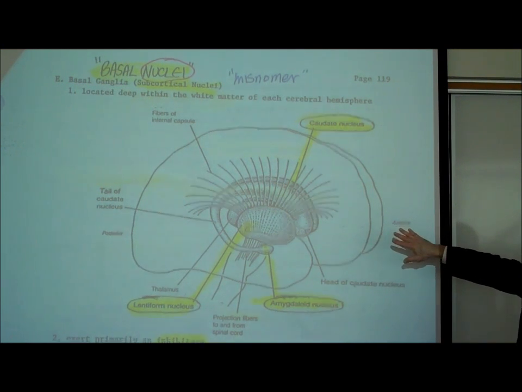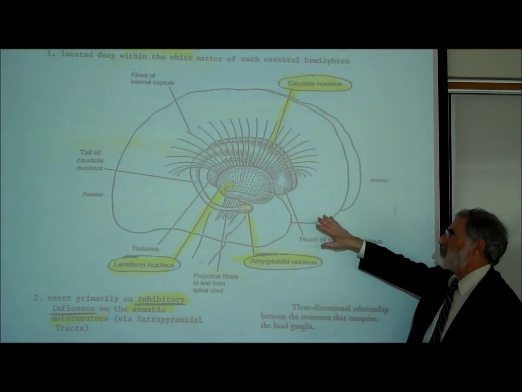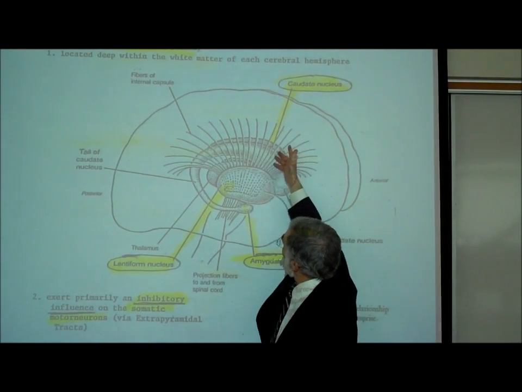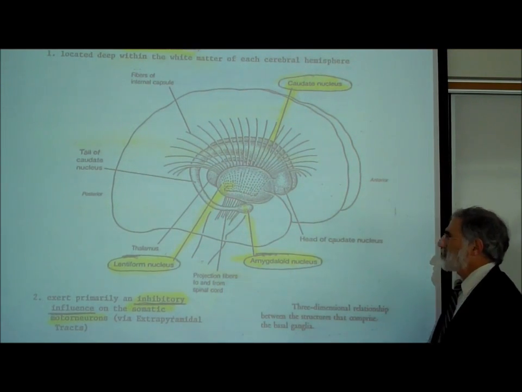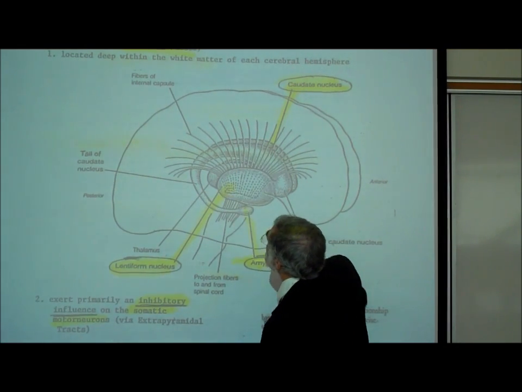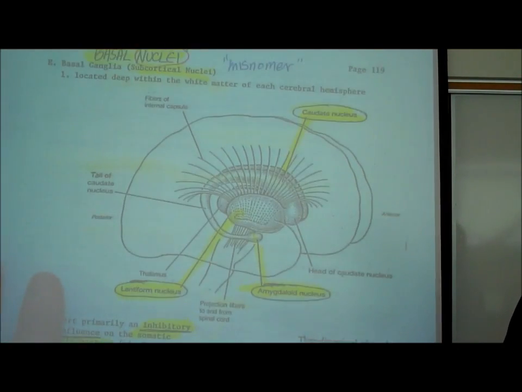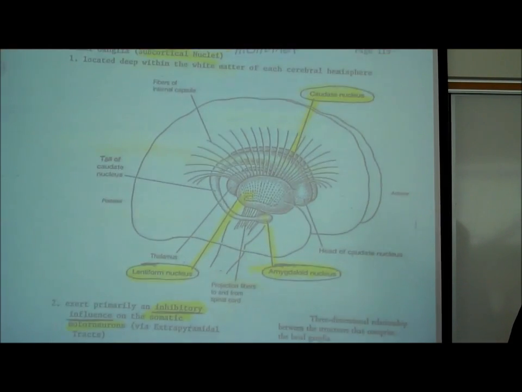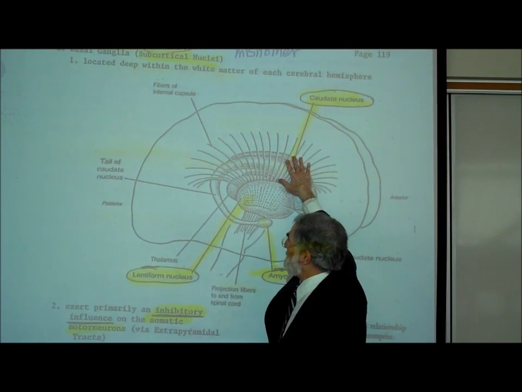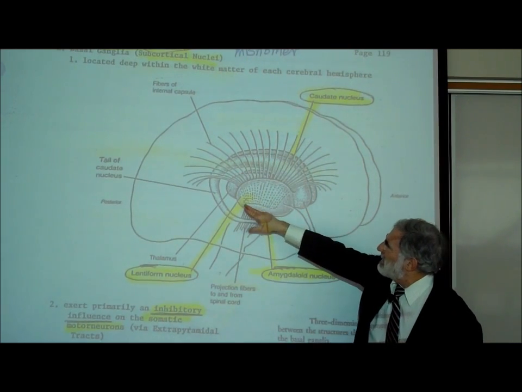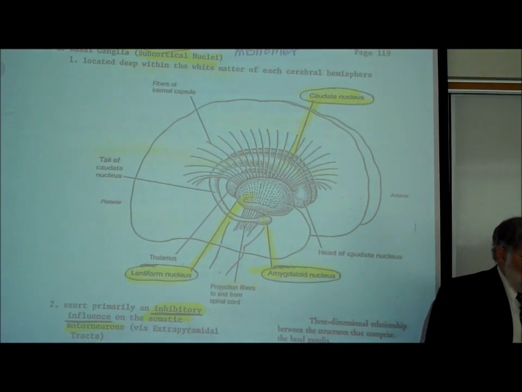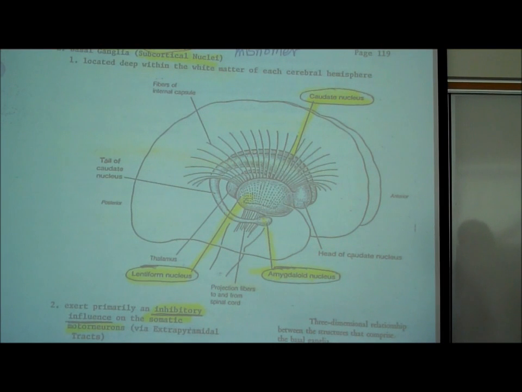This three-dimensional transparent view of the cerebral hemispheres shows this complexly rotated mass of gray matter of neuron cell bodies that comprise the so-called basal ganglia or basal nuclei. And there are really a number of these that are linked together. They include the caudate nucleus, the lentiform nucleus, the amygdaloid nucleus, and collectively they're just called the basal nuclei or subcortical nuclei.